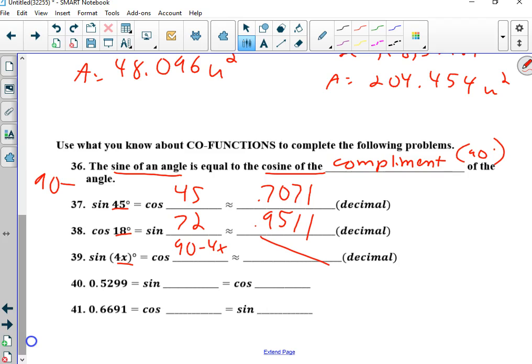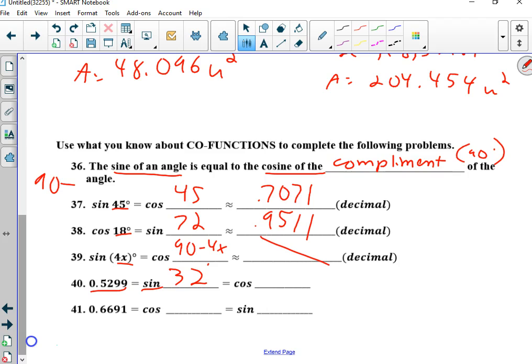Okay, here we're given the decimal. What you're going to do is we're trying to find the sine that goes, the sine of what angle gives us this decimal. How do we find an angle? Inverse. So if you do inverse sine, second sine, 0.5299, you get 31.999. Let's just say 32 degrees.